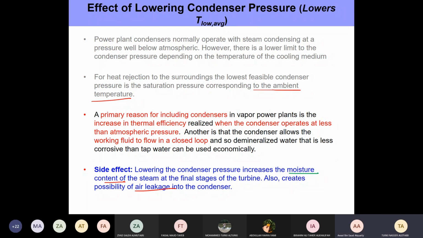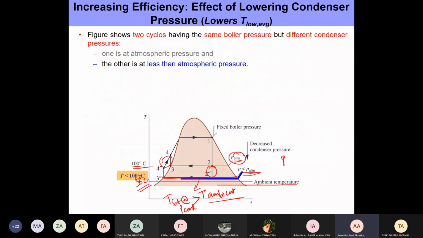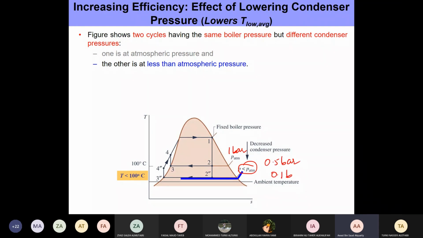Doctor, so we should lower the pressure in the condenser, or is it considered an issue? No, we should certainly lower it. But what I'm saying is that there's a limit to how low we can go. Undoubtedly, it is lower than atmospheric pressure. The question is how low can you go? If atmospheric pressure is 1 bar, can you go down to 0.5 bar or 0.1 bar?